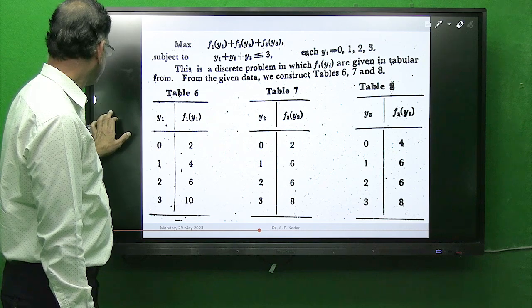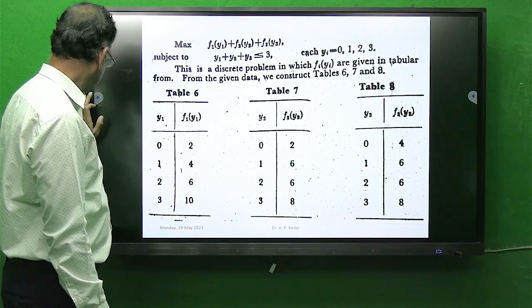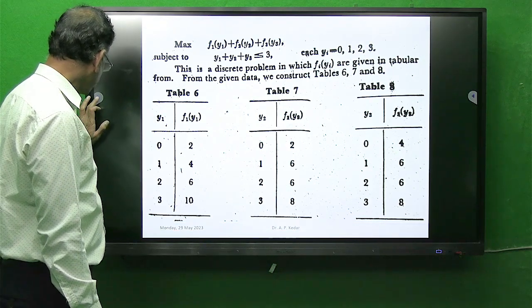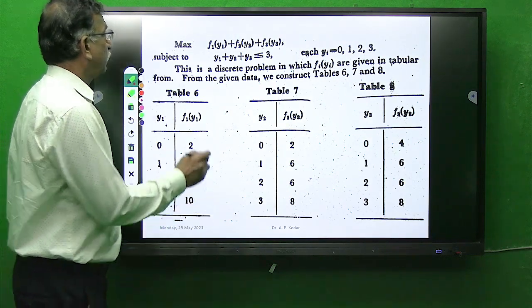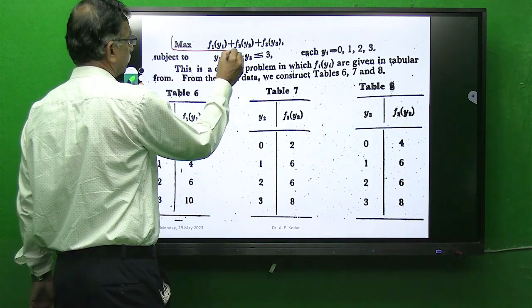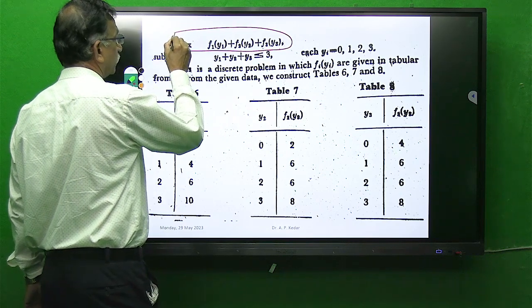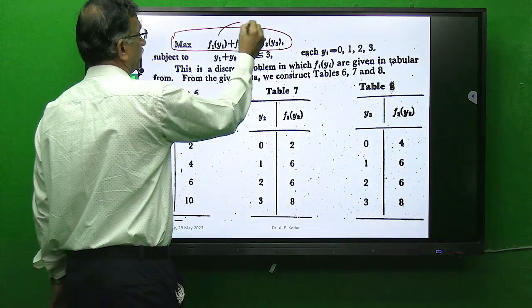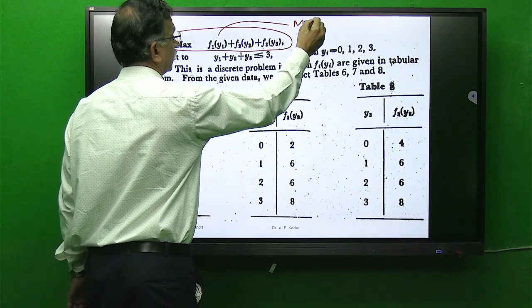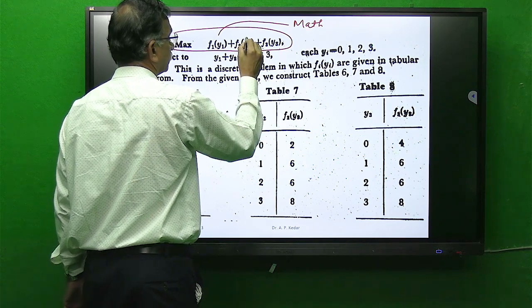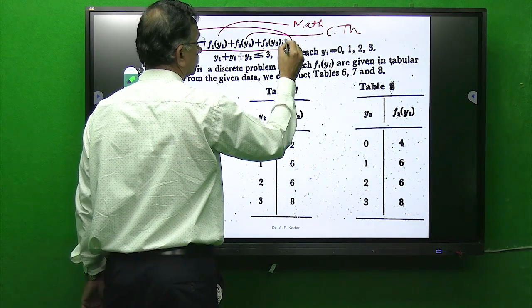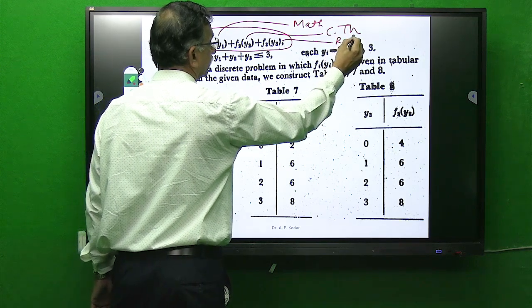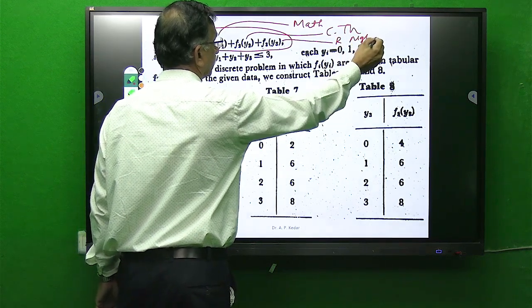See here now, the very interesting one. As I just mentioned, this is our output. This is from mathematics, this is from circuit theory, and this is from principles of management.